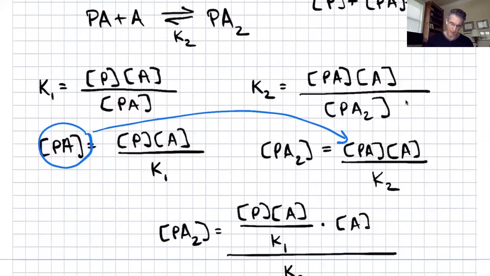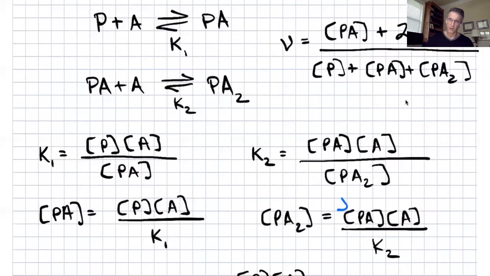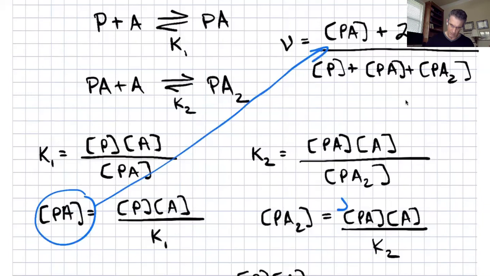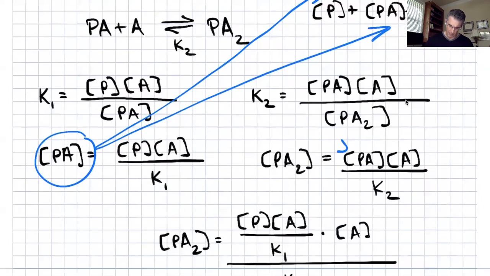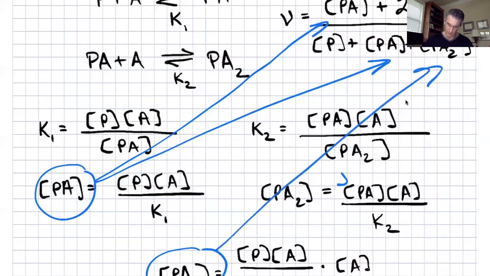What if we take both of those expressions, our expression for PA, because remember, it's the degree of binding expression that we want to work with. We can take this definition and substitute that in here. We've got an expression here for PA2. We can take this one and substitute that in up here too.